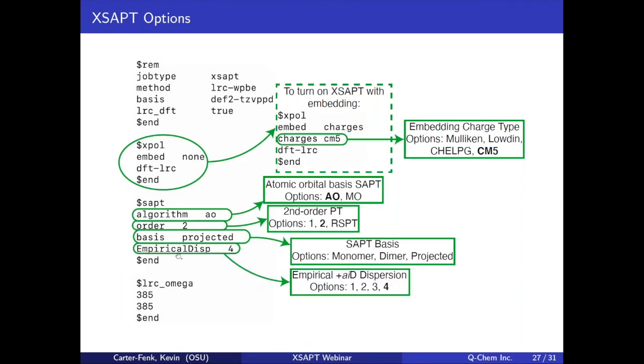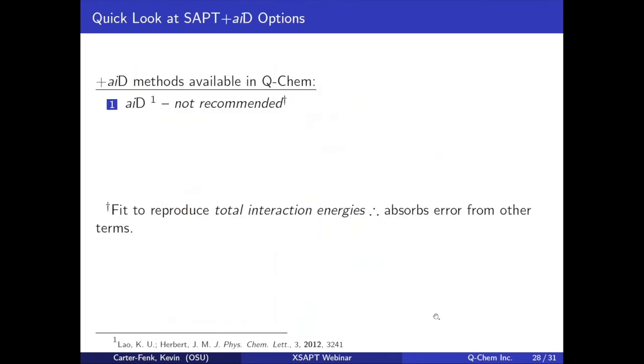So this empirical dispersion command options can be set as 1, 2, 3, or 4, and I'll go over those right now. So option 1 for the empirical dispersion is AID.